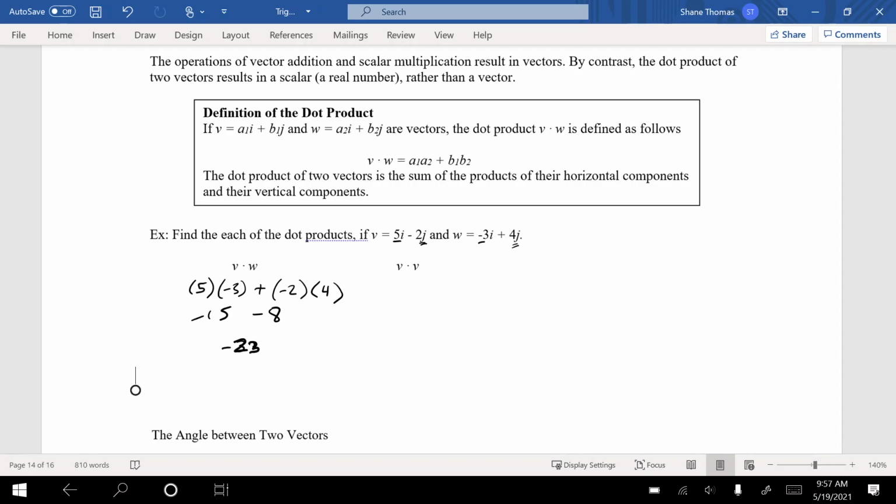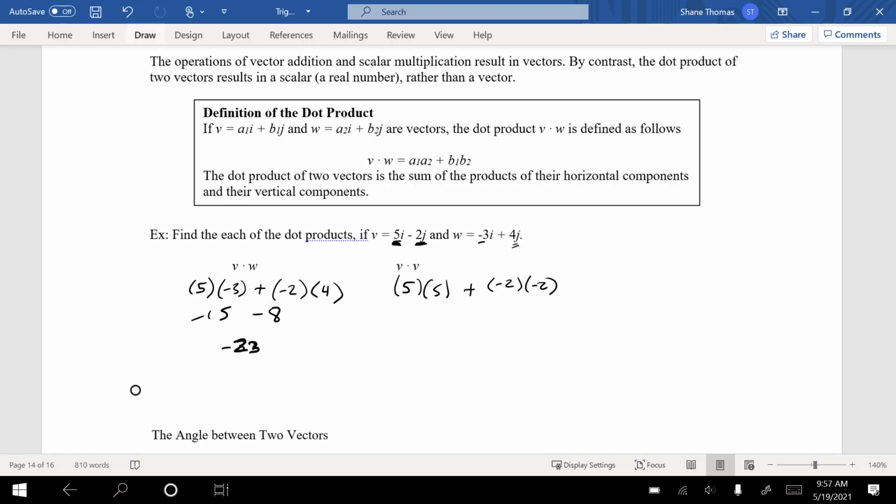So v, 5 times 5, right? That's from right here, my i term. v and v, it's the same one. All right, plus my j term, -2 times -2.